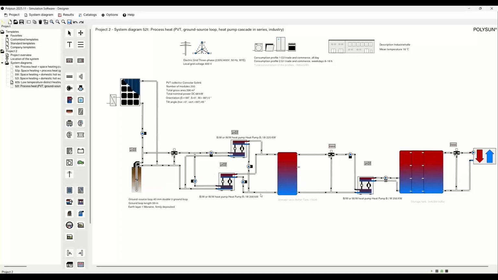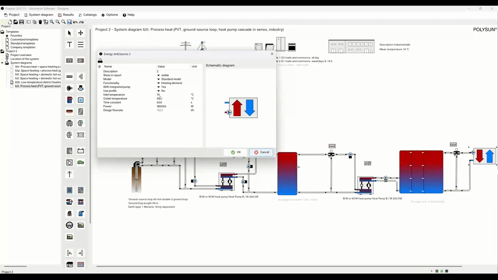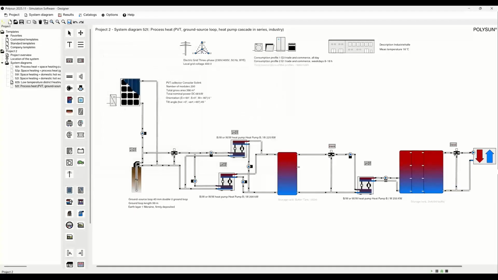Here we have an example for an industry process system that's using a seasonal storage, this ground source loop regenerated by the hybrid solar thermal collector, and then a cascade heat pump system with two heat pumps in parallel, and here another one in series to bring it up to the necessary temperature, which is 70 degrees in this case.